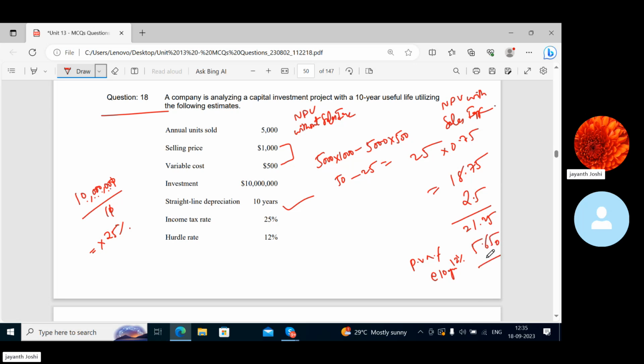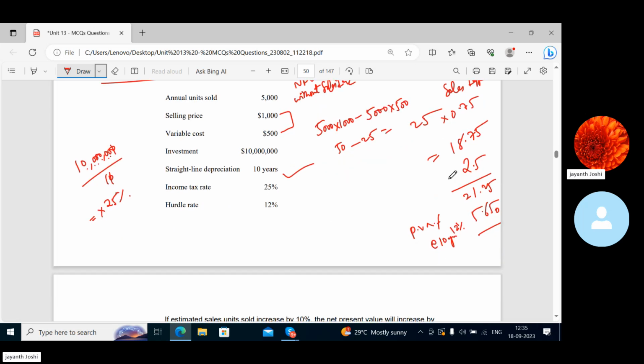So can you just multiply and tell? 21.25 into 5.650. 120 point something you'll get, right? 120.06. So the investment is 100, right? So 20 point something I get. This is my NPV.